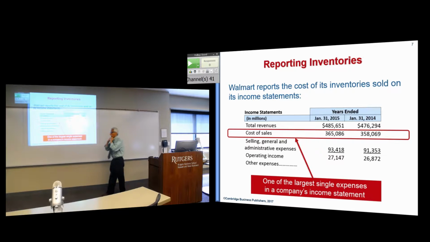We'll talk about that a little bit in a bit. But cost of goods sold is generally one of the most significant line items on a retail or a wholesale company's income statement. That represents the cost of inventory sold, and it's matched immediately against that revenue. There's a direct association. And we know that from the way in which we journalize the entries, which I'll review with you in just a moment.